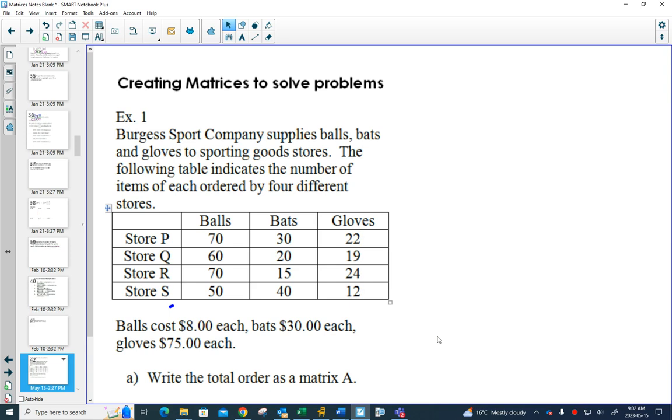So we've got a company that supplies balls, bats, and gloves to sporting goods stores. They're supplying those 4 stores, and that's how much the orders are.